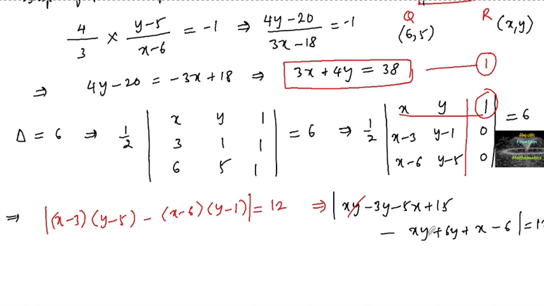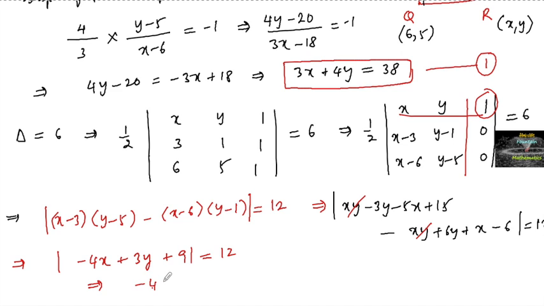So we can cancel xy and xy, and the inside terms I can write as minus 5x plus x minus 4x, and 6y minus 3y plus 3y, and plus 15 minus 6 plus 9 is equal to 12.